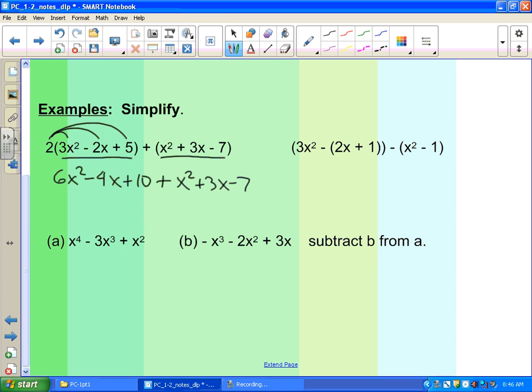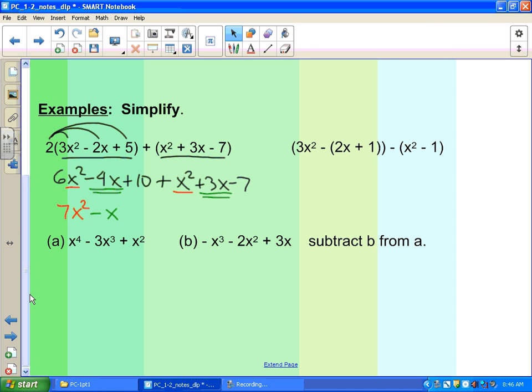And then now I look for all my like terms. So again, a like term has the same variable and the same power, which means I have x squareds and x squareds that I'm going to add together, and they'll become 7x squareds. Then I have minus 4x and plus 3x. They are like terms, so I get a negative 1x.